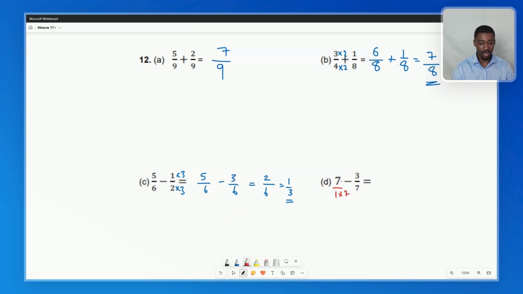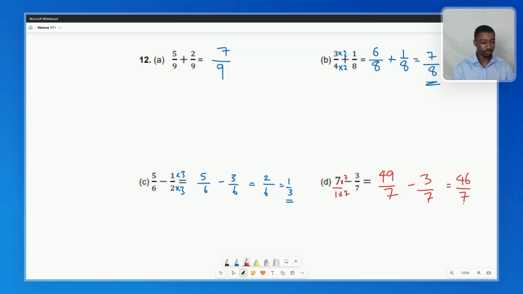Multiply this left fraction, top and bottom, numerator and denominator by 7, giving us 7 times 7 on the top, times tables, 49, over 7, minus 3 over 7. Subtract across the numerators, denominator stays the same. We have 46 over 7.